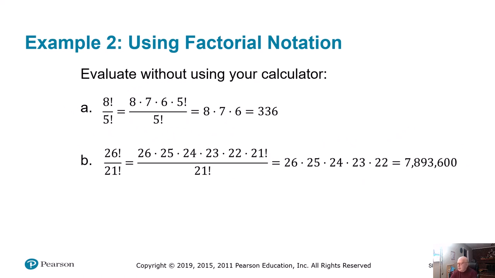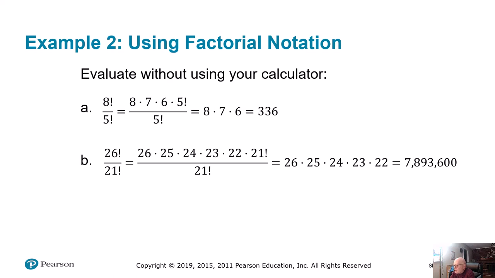Now, look at the second one, 26 factorial. If you give that a second thought, you think, oh my gosh, I hope I never have to do that. 26 times 25 times 24 times 23, all the way down until you get to 1. That would be really terrible. On the bottom, we've got 21 factorial.